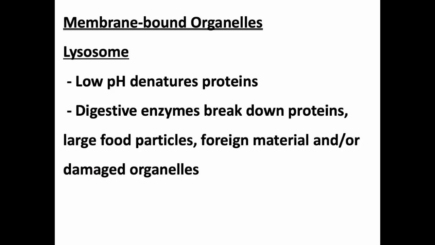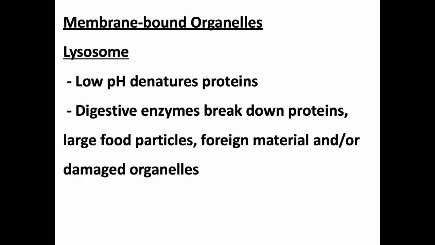So in summary, the lysosome has a low pH environment that denatures proteins. There are digestive enzymes in here that are built to function at low pH that break down proteins, large food particles, other foreign material, and or damaged organelles. So again, all-purpose, big stuff breakdown organelle.